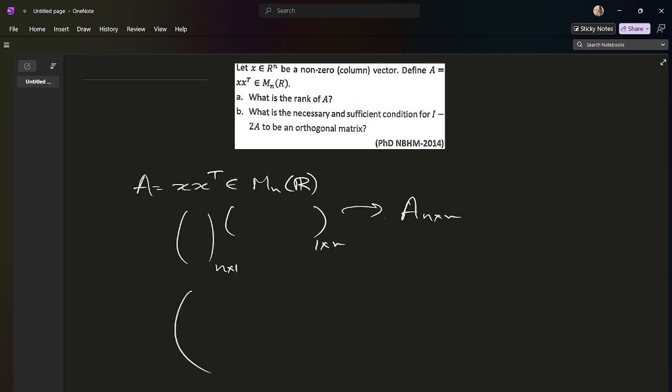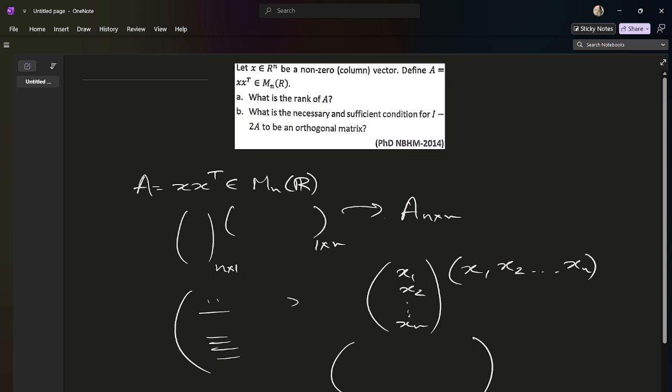Let us take the column vector x with entries x1, x2, ..., xn, and x transpose will be the row x1, x2, ..., xn.